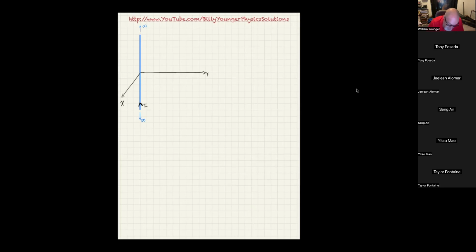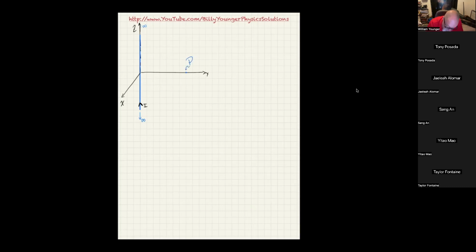And you can probably see that along this wire is the z-axis. Remembering the wire goes from negative infinity all the way up to positive infinity, what I would really like to do is say this is my point P right here.